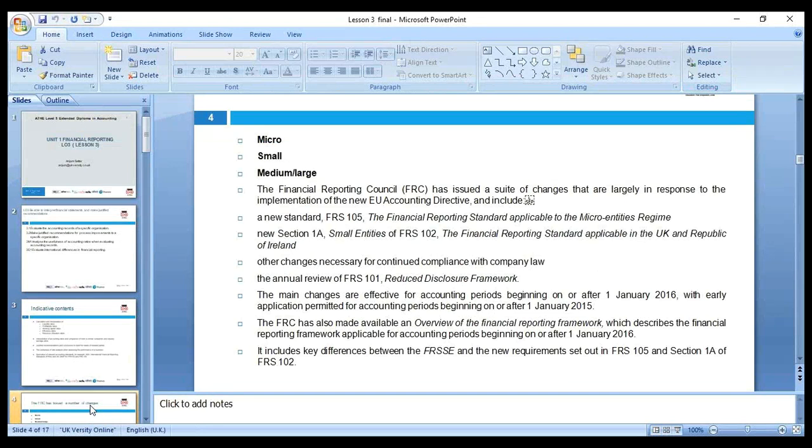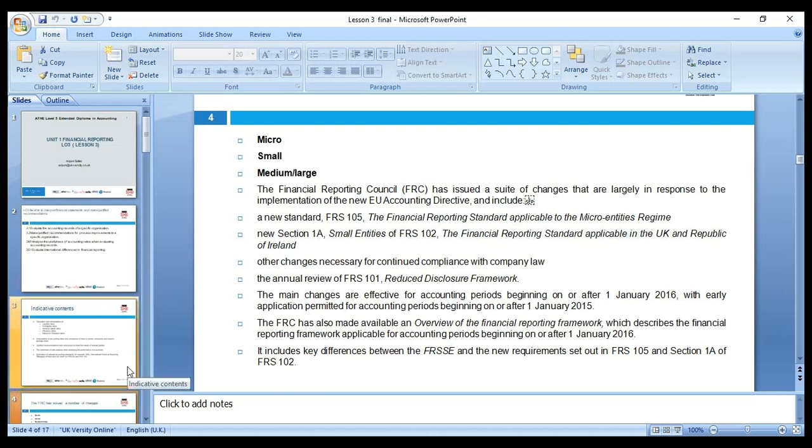Organizations can be divided into micro, small, medium and large companies. The Financial Reporting Council has issued suitable changes, largely in response to implementing the new EU accounting directive, and the new standard is FRS 105. Micro-entities have a new section, small entities use FRS 102, and the financial reporting standards are applicable in both.